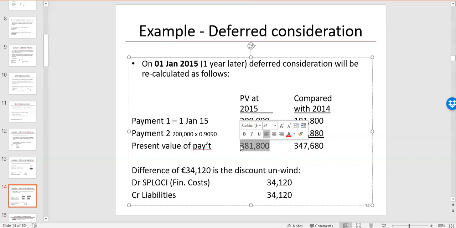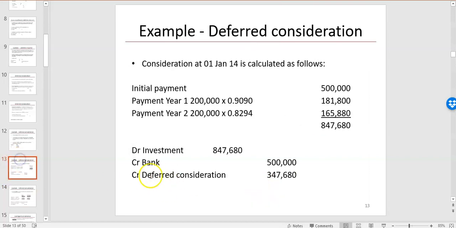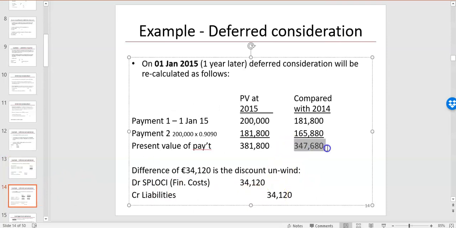And how you unwind that is you recognize a finance cost of 34,120 and you increase your deferred consideration. Deferred consideration now is going from 347 up by 34120. So at the end of 2014, just before you make the first deferred payment, your closing deferred liability is 381,800.